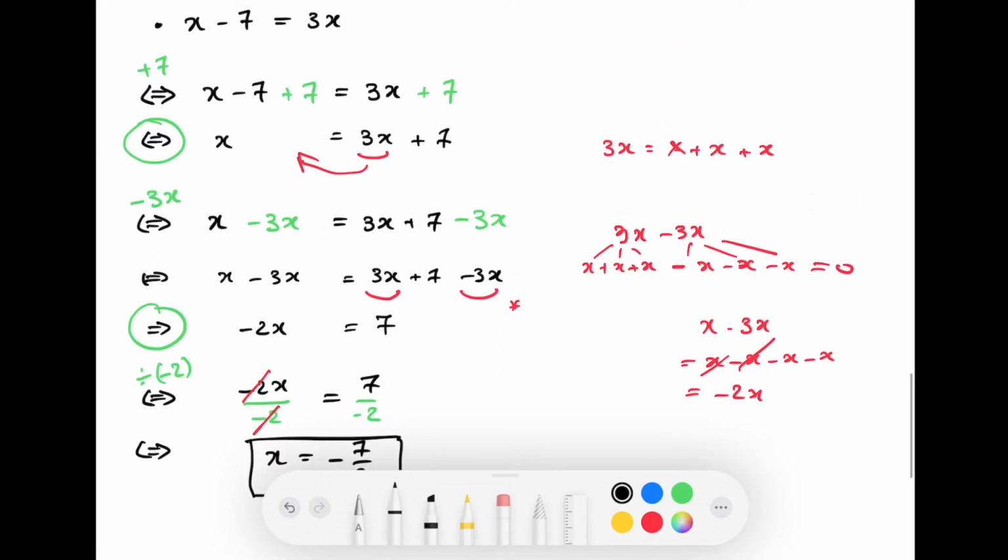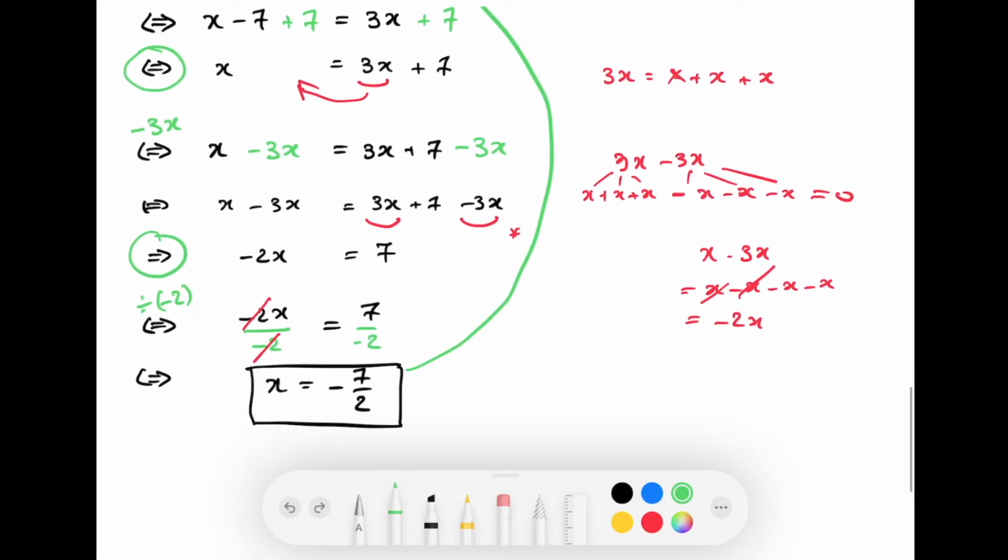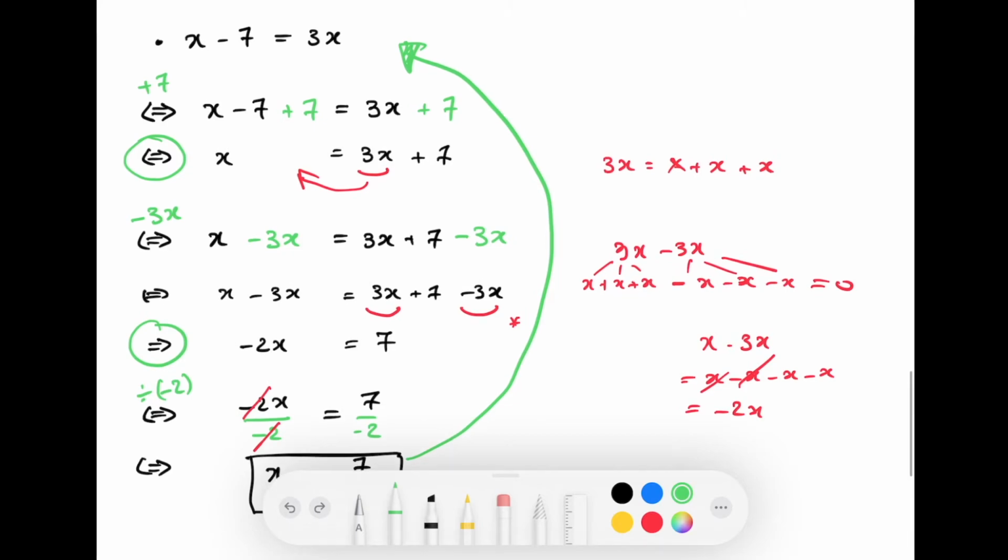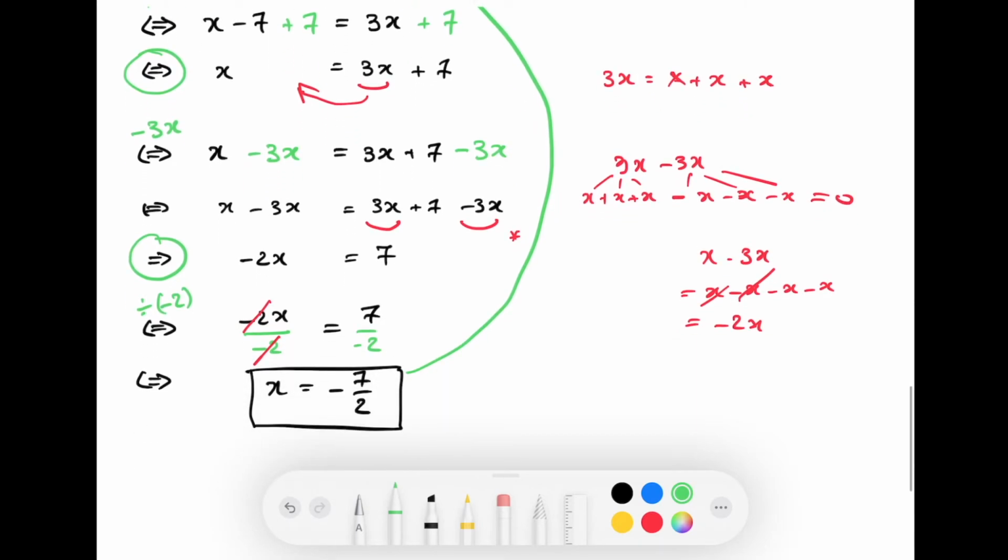And as always, we can very easily check this by substituting our answer that we found back into our original equation and see if it indeed is an equality sign, if it is indeed a true statement. So let's do this. So first we have the x here. Well, we know that x is equal to minus 7 over 2, so we get minus 7 over 2.